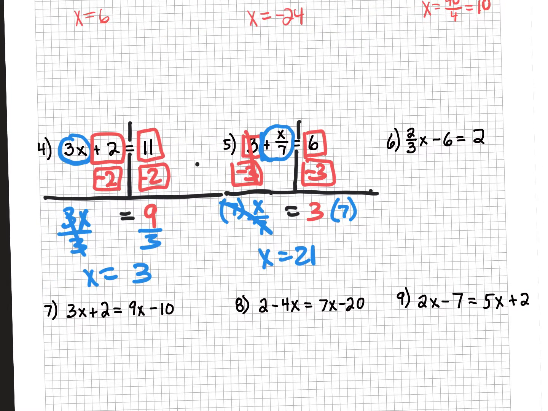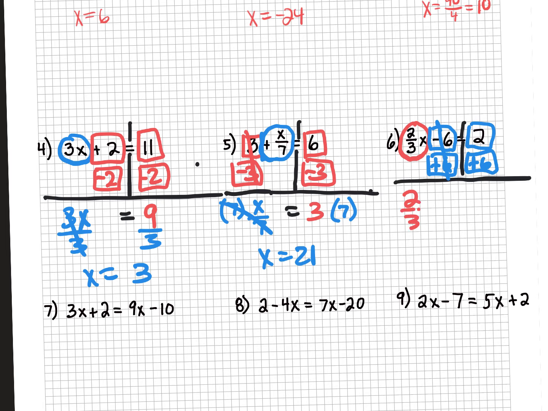All right, next one. 2/3 x is an x term. Negative 6 is a number term. So if I make my basketball court, the guy that needs to go is the negative 6, so I use positive 6 to send him over. Positive 6 gets rid of the 6's, and I get 2/3 x equals 8.